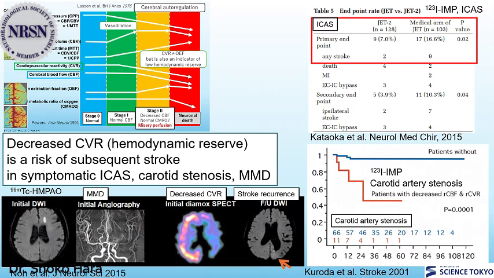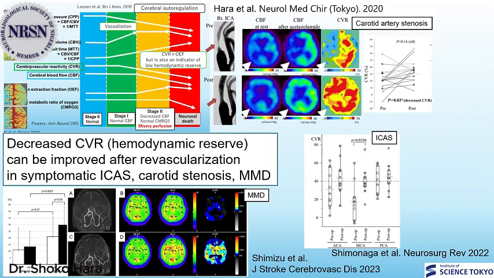While CVR is not identical to OEF, studies have shown that decreased CBF and CVR measured with SPECT are also useful indicators of subsequent stroke in patients with ICAS, carotid artery stenosis, and moyamoya disease. Additionally, many studies have shown that revascularization procedures, such as direct bypass, carotid endarterectomy, or carotid artery stenting, can improve reduced CVR.